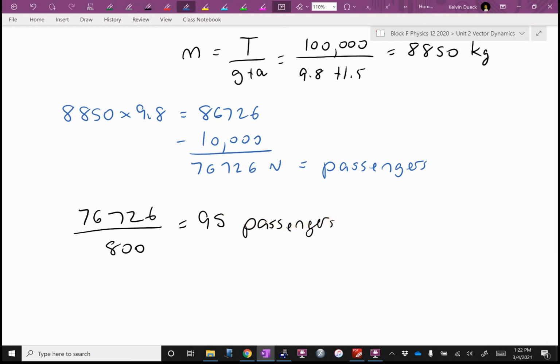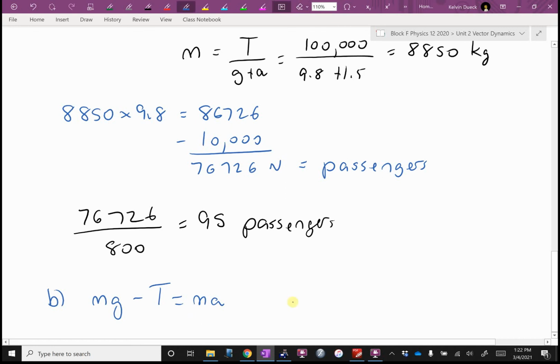For part B, when we're accelerating down, I think the only difference is your equation is going to be mg minus tension equals ma. But then you'll do the same thing. You'll get the m's to the same side, swappy dance as we call it, factor out an m.